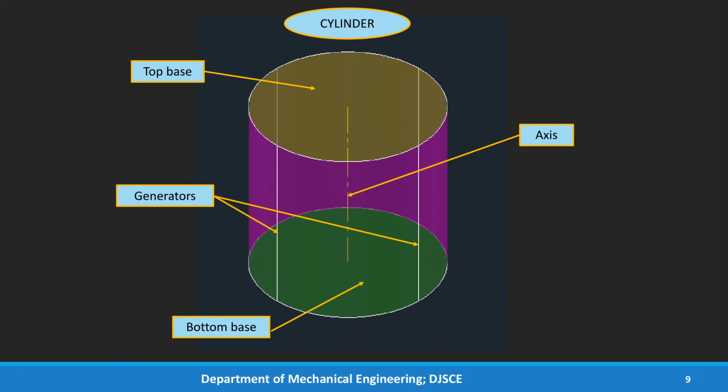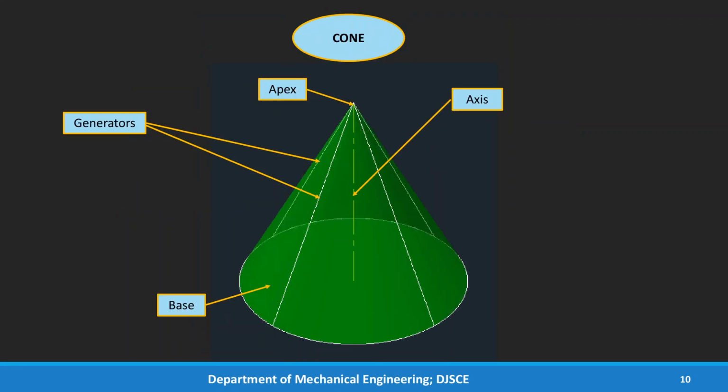So when we draw the cylinder, we are not going to show the generators as object lines. Generators are drawn for construction purpose and they will be shown with a projection line only. Then the axis joining the midpoint of the two bases, and then the cone: the bottom base, the axis, the generators and the apex.